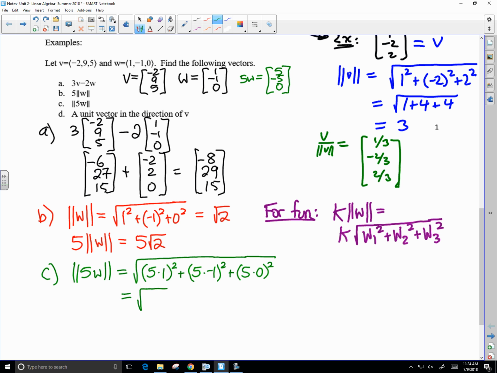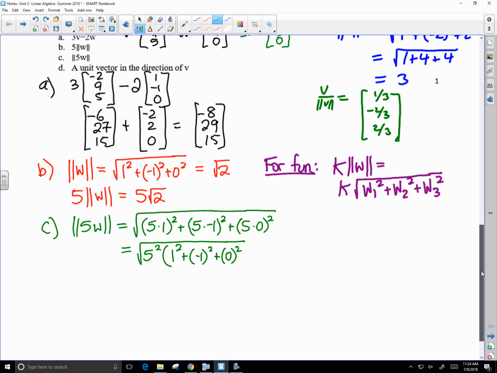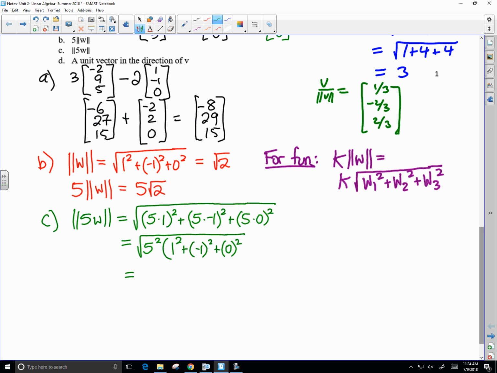we're looking at something that factors, because you have a common 5 squared for each component. So you can factor that out and be left with 1 squared plus -1 squared plus 0 squared, which would be equal to 5 times the square root of 2.